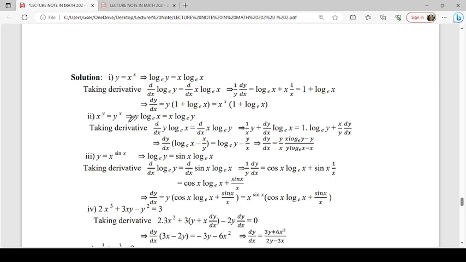Then this one again after taking logarithm, it becomes a product function.